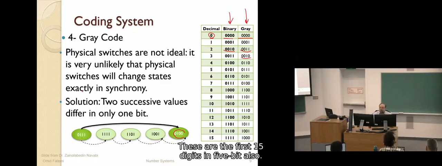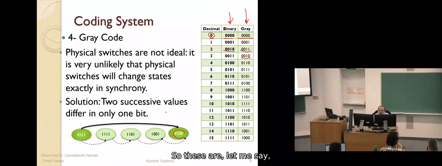How? These are the first 16 codes in 5-bit also. Then we start again from the same one. So these are the first 16, but put a 0 here, 0, 0, 0, make it 5-bit.